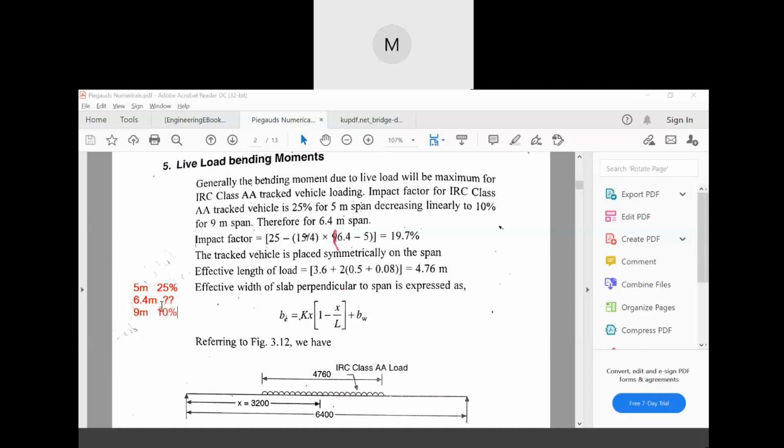Now, how to find out this one for 6.4 meter? This thing you'll have to find out by considering the fact that this impact factor can be found by interpolation. Remember, this thing is to be found out by interpolation. Okay.